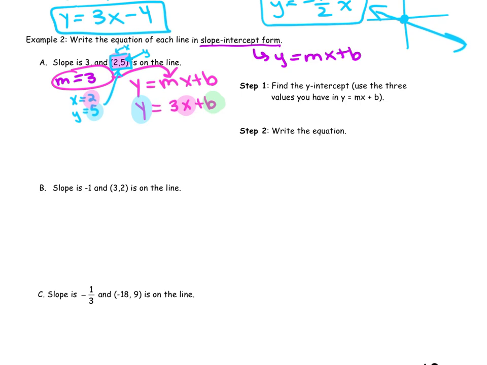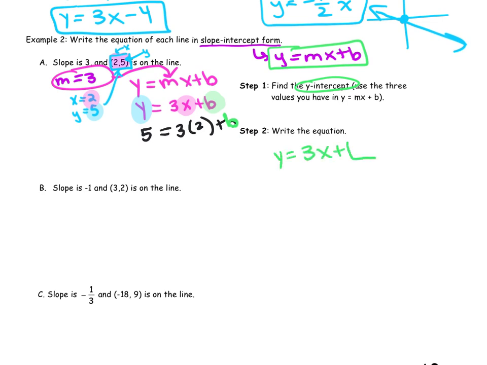So let's plug these things in. I'll have 5 equals 3 times 2 plus b, right? We're trying to find b. We want to get the y-intercept so we can write this in y equals mx plus b form. All I have right now is y equals 3x plus whatever b is, right?